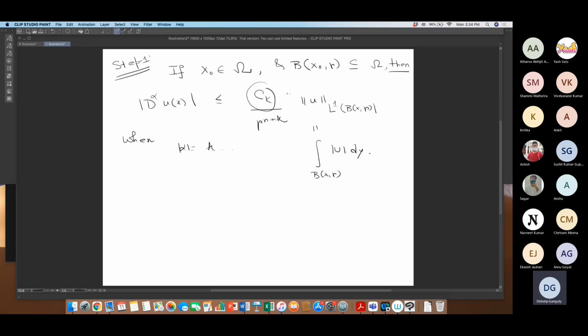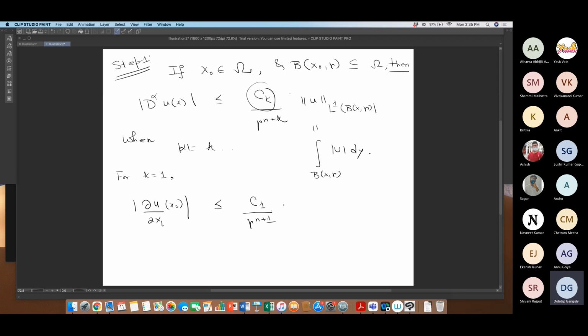For k equal to 1, we have del u by del x_i, which we proved by an induction step, is less than a constant C1 by R to the power n plus 1. This is a very important estimate. Please keep it in your mind.